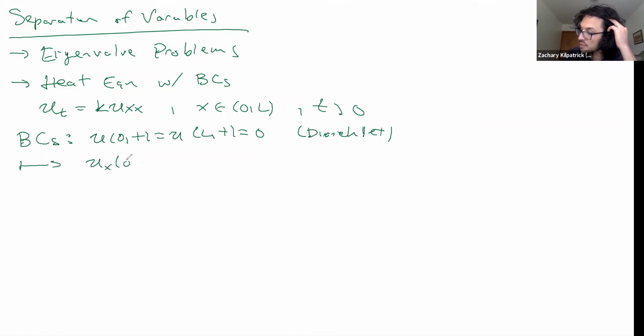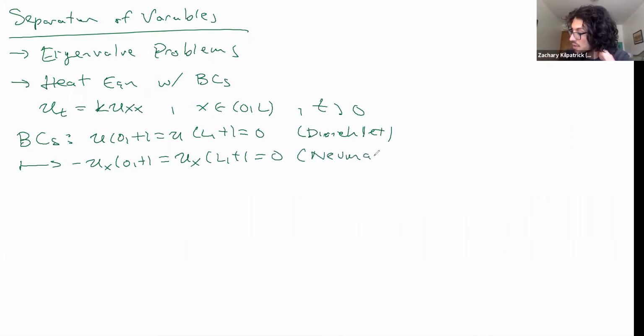So u_x(0,t) is equal to, I'll put a minus sign, but it doesn't really matter, because I want that to be a flux. Neumann boundary conditions just means that the spatial derivative goes to 0.